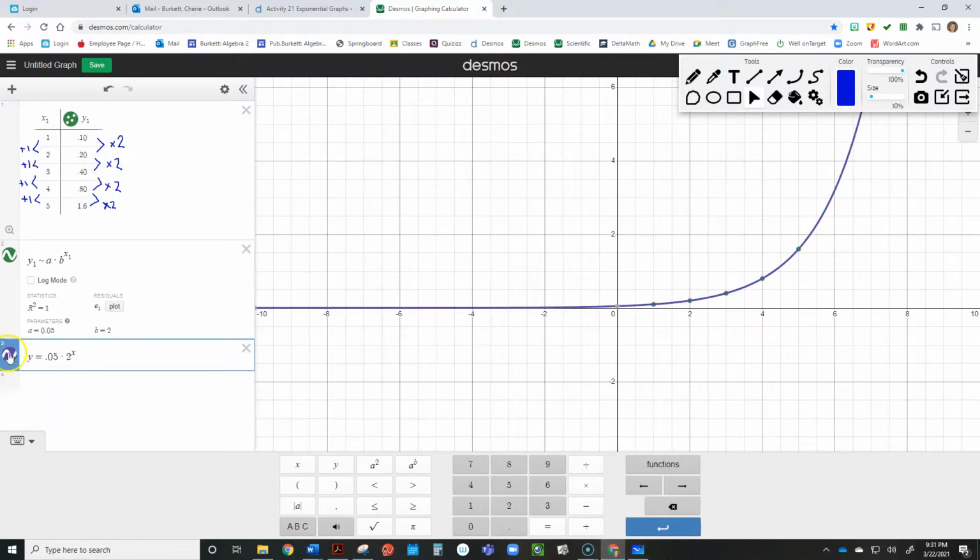Here they gave us a different color graph, the purple graph, and we see the purple graph does exactly what the green graph did. So this is the regression equation, and here we've checked to make sure that the regression equation that Desmos wrote for us is the correct equation that will pass through those points.